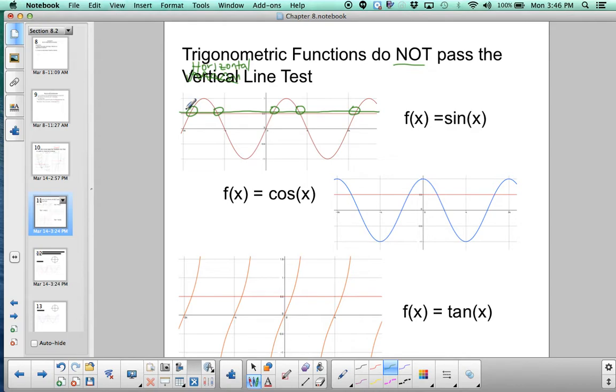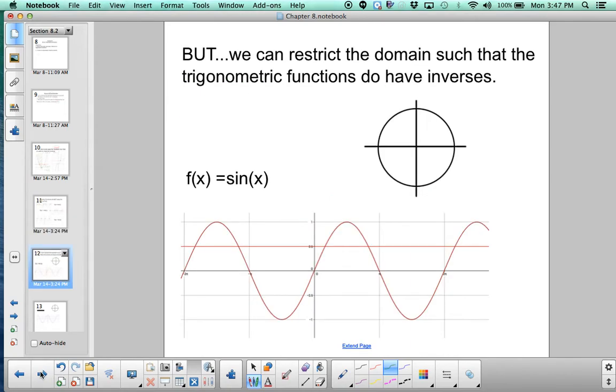Cosine of x, again, does not pass the horizontal line test. And then we have tangent of x, and you can see here it does not pass the horizontal line test. And so if we're going to define inverse functions for these trigonometric functions, then what we're going to need to do is restrict our domain.